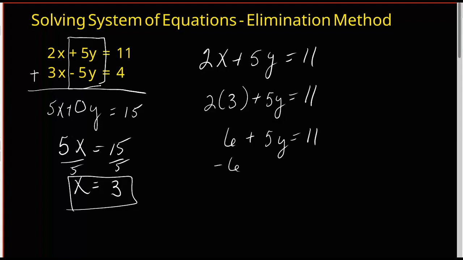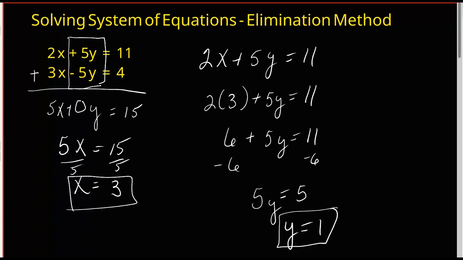If I subtract 6 from both sides, I'll get 5y equals 5. So therefore, y equals 1. Okay, so I know the x and the y, and it should work for both equations.